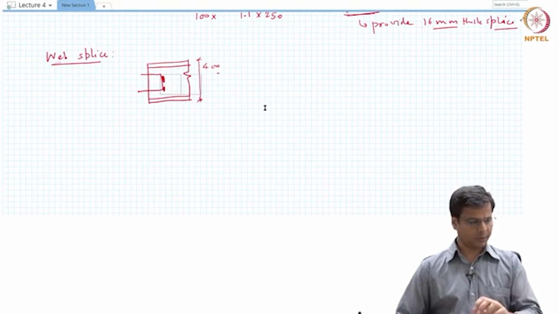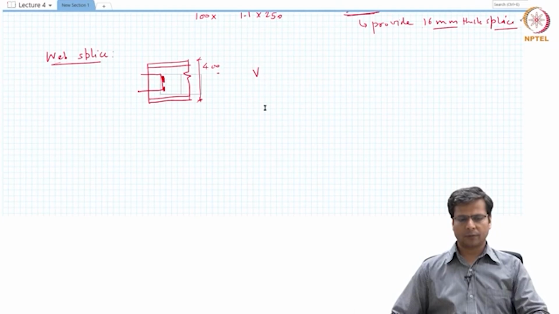So how do we go about doing this? So the force demand is 80 kilonewton. It is given to us already.